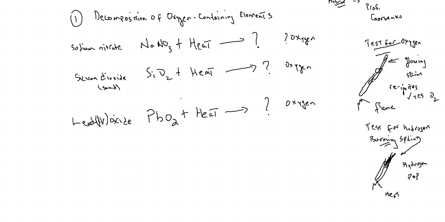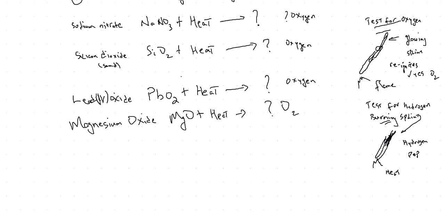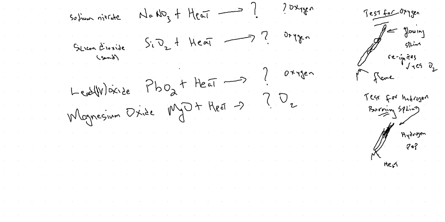The next thing we look at is magnesium oxide, MgO. Again, we're going to add heat, put the glowing splint in, and see if we get O2 gas. And then finally, we have potassium chlorate, KClO3.